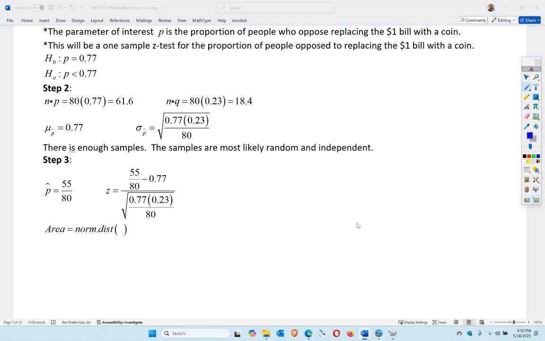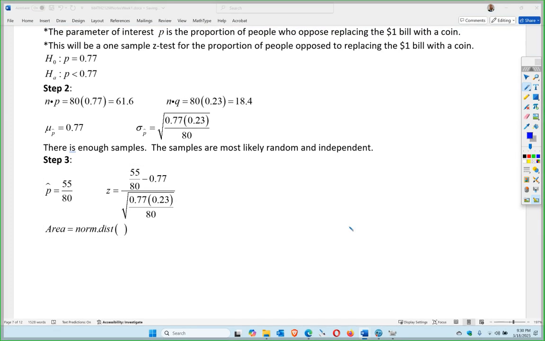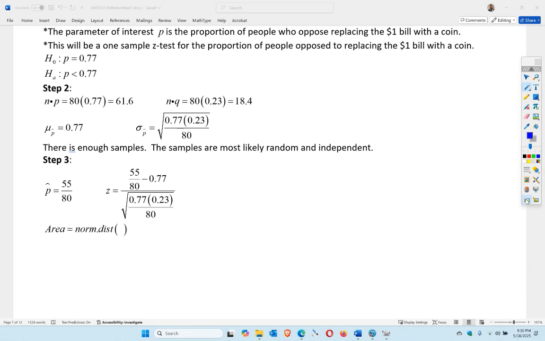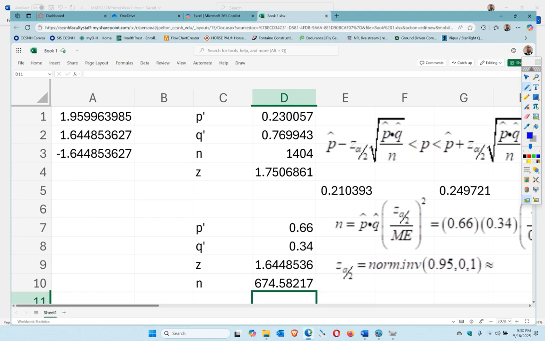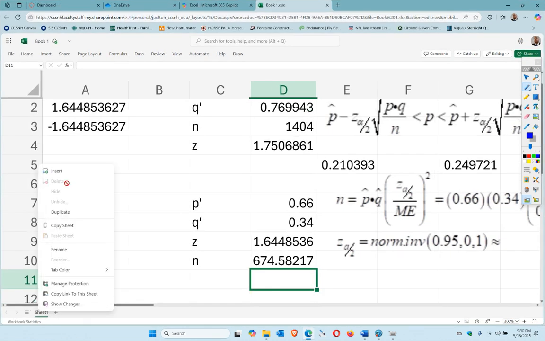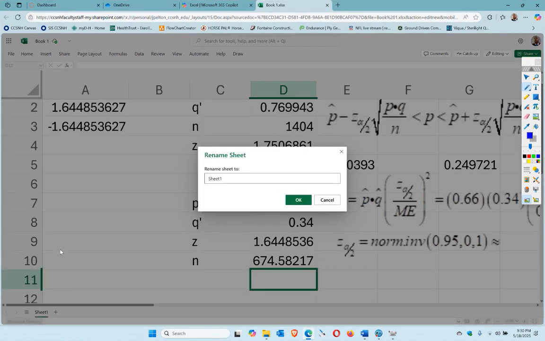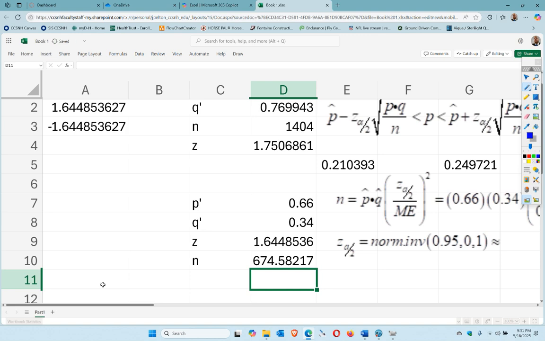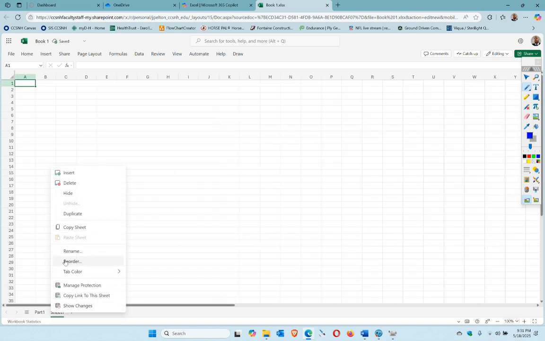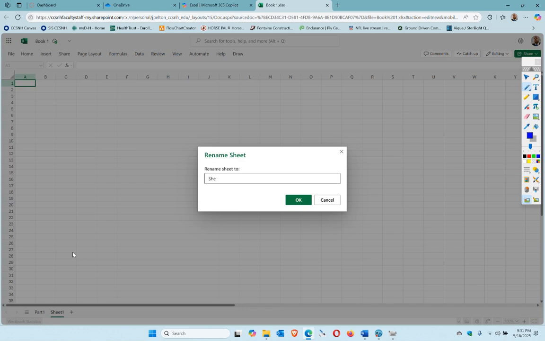So if I draw a little picture, actually, let's put this in the spreadsheet first, because I'm going to need my P and Z value. Let's go to my spreadsheet. I'm going to rename this Part 1. Add another tab, rename this Part 2.